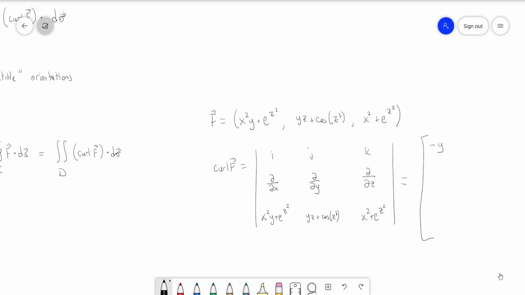And then minus, and then cosine becomes negative sine, so double minus, so it's plus sign, z cubed, and then there's a chain rule, so we'll get 3z squared on the outside. So next, I guess that would be negative 2x. Minus, but then another minus, so plus, and then partial with respect to z here would be 2z e to the z squared. And then the last one is 0 minus partial with respect to y, so minus x squared. Okay, so that would be the curl.